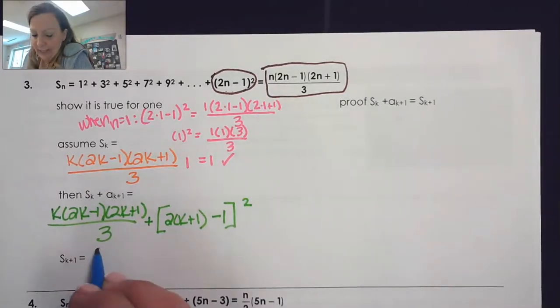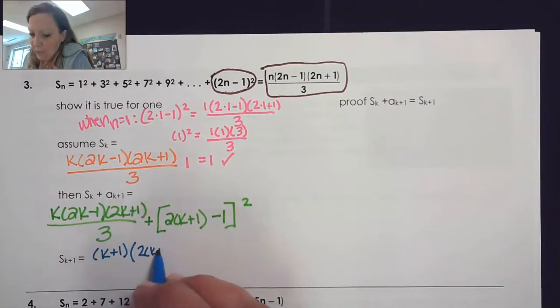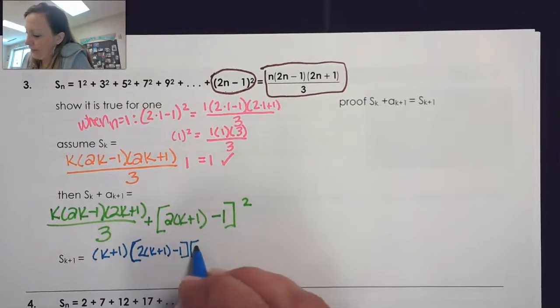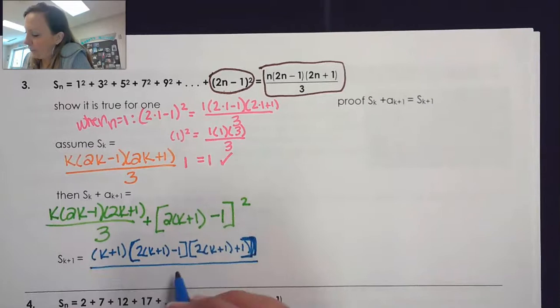So that's going to be k plus 1 over 2 times k plus 1 minus 1, times 2k plus 1 plus 1, all over 3.